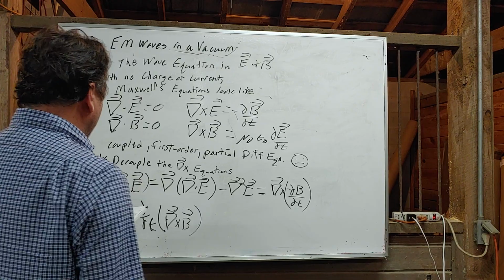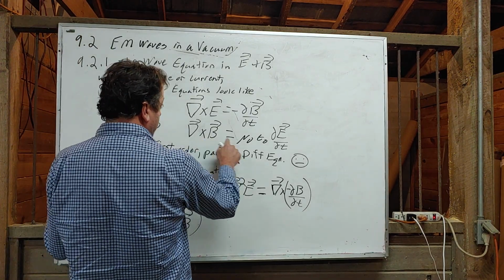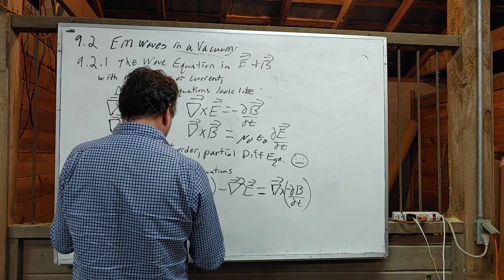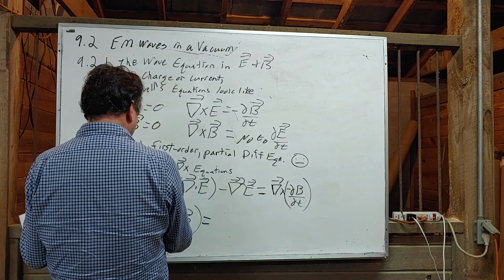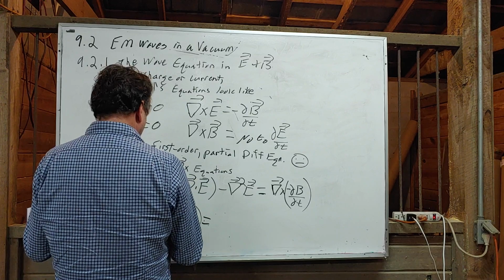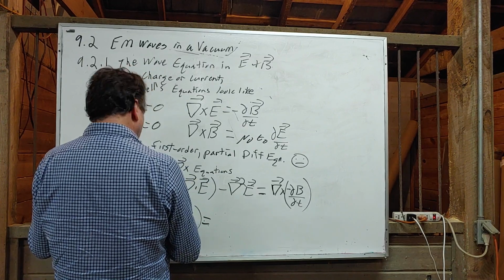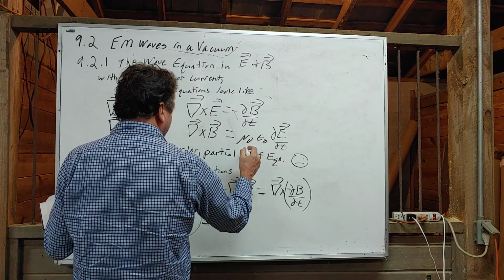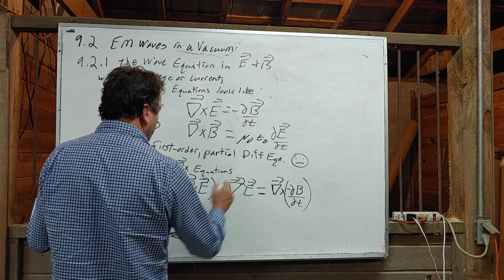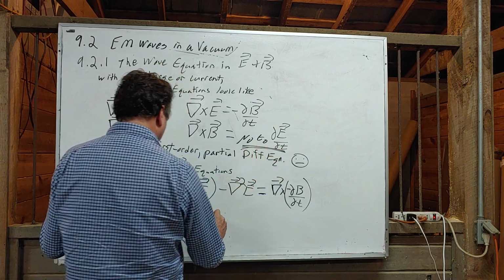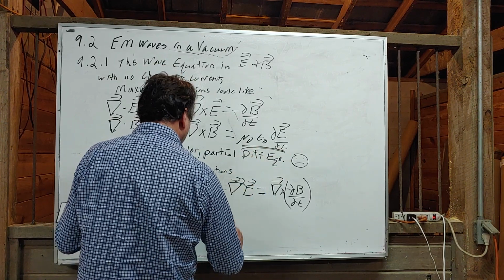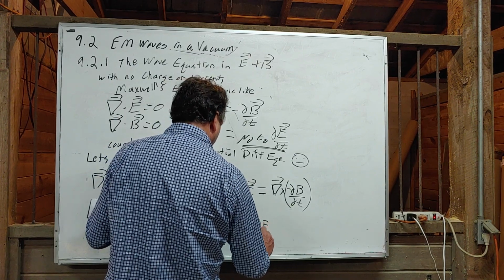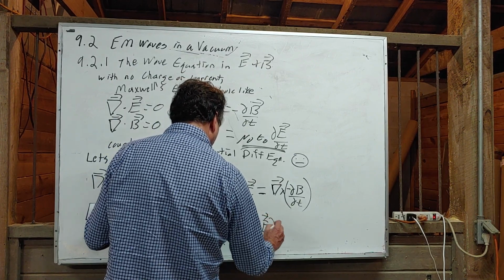And what do we know del cross B is equal to? Well, del cross B is equal to this. Wherever I have a del cross B, I'm going to plug that in. That gives minus partial with respect to t of mu naught epsilon naught partial E with respect to t.